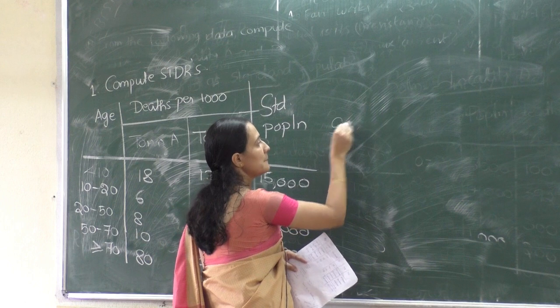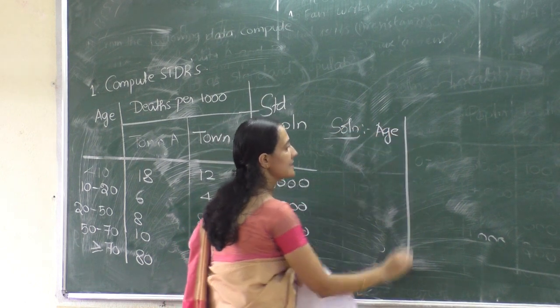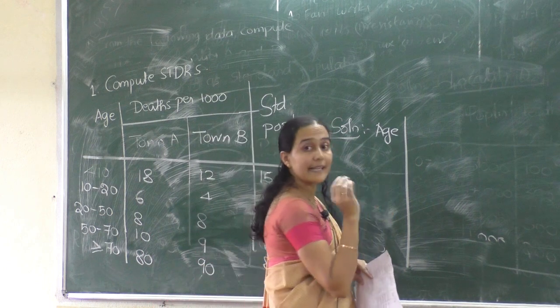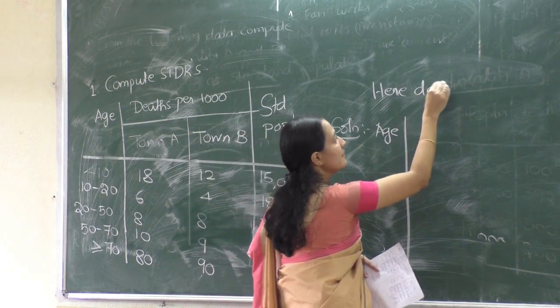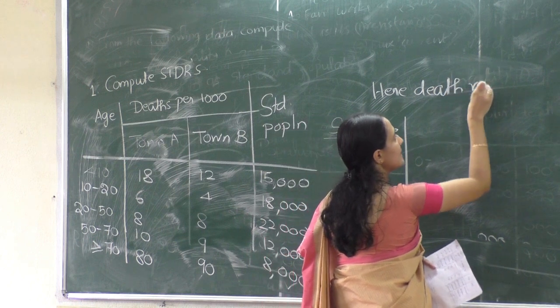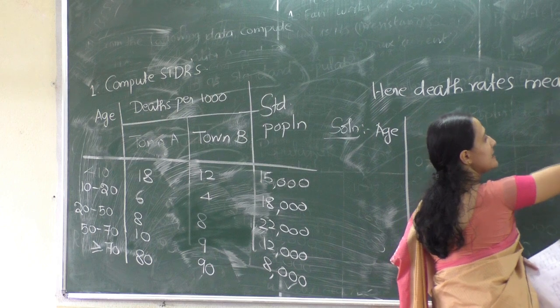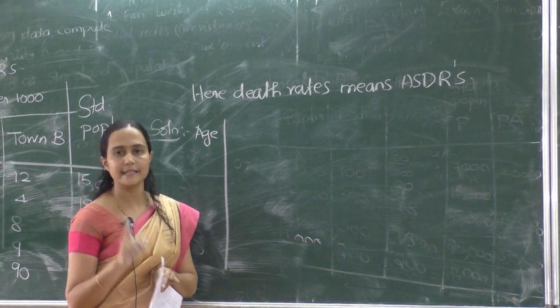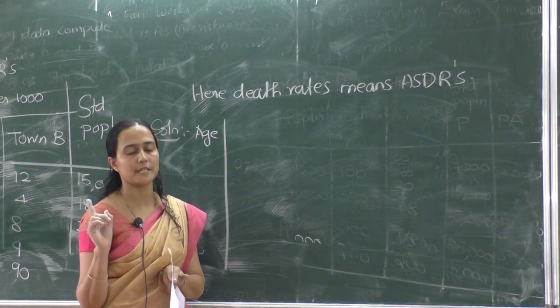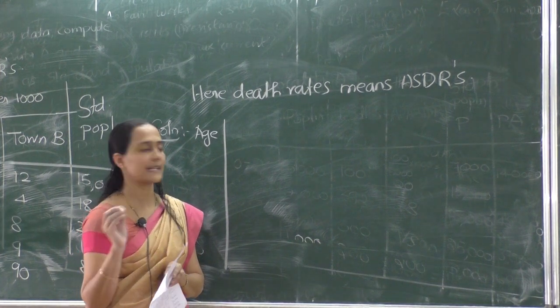So in the solution, first write the age as it is in the question. Death rates here mean ASDRs themselves. Let capital A denote the age specific death rate of the first population, and capital B the age specific death rate of the second population.